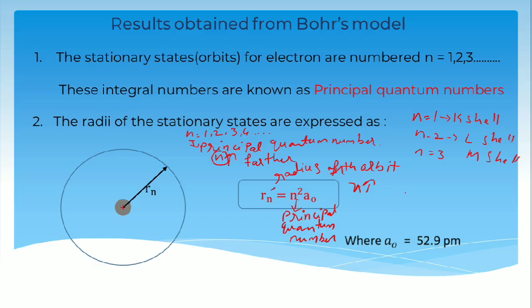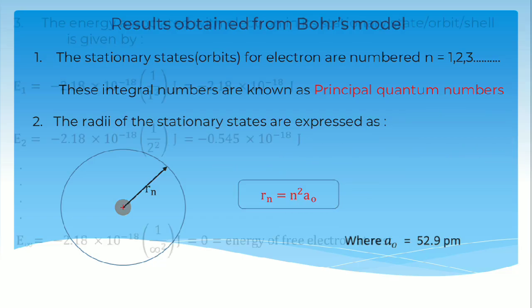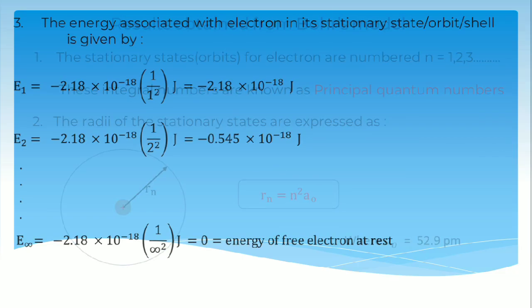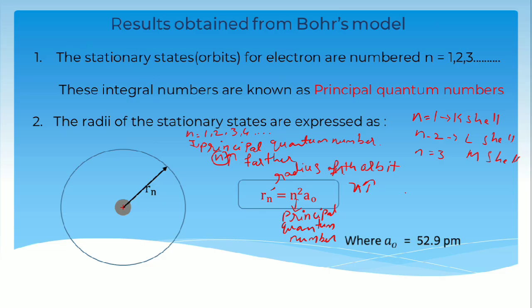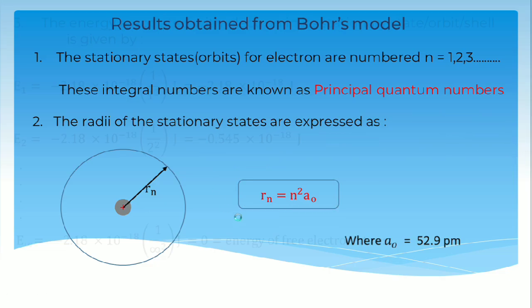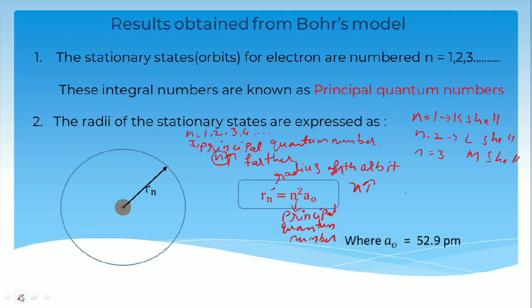Okay. So these are the results. Here we can calculate the radius of the first few orbits. Suppose n equals 1.